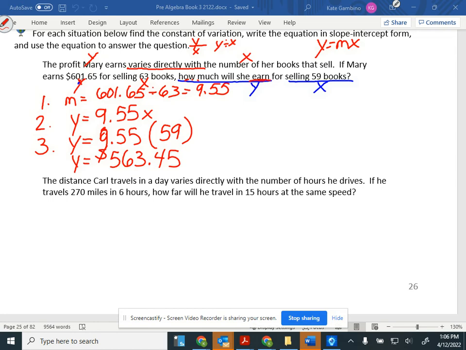Why do I want to stay organized, Izzy? So if you mess up, you can go back and find where your mistake was. 2, when we get to more complicated word problems, we know how to set it up and organize it. If we know why we're doing the steps, we can do more complicated problems.